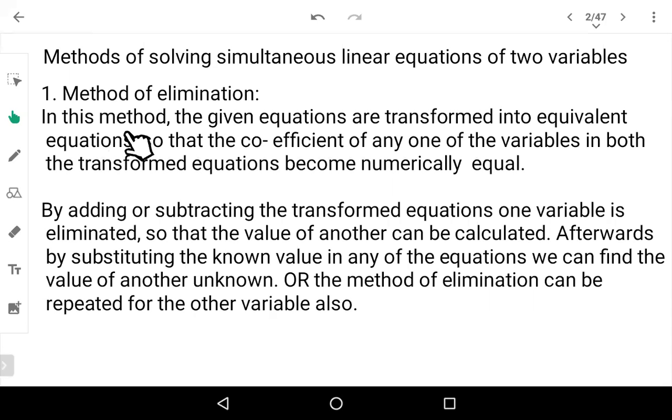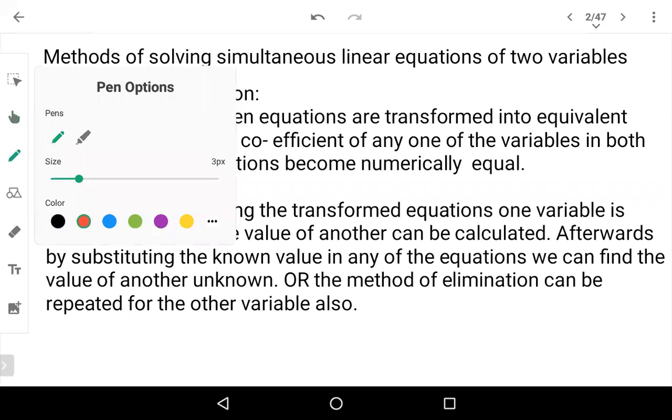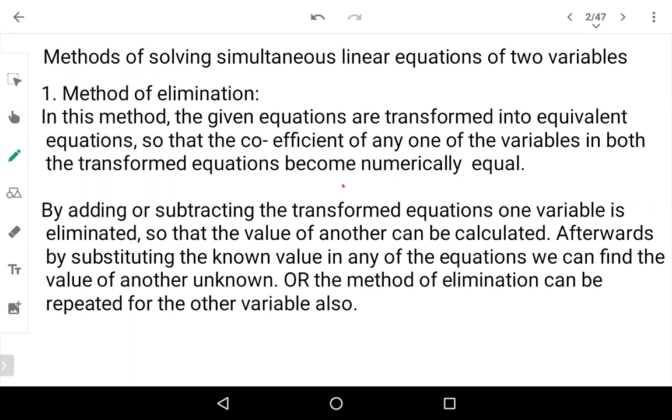In this method, the given equations are transformed into equivalent equations. Now, in any equation, any number next to the variable is called the coefficient. So we are going to make the coefficients the same for both the equations.